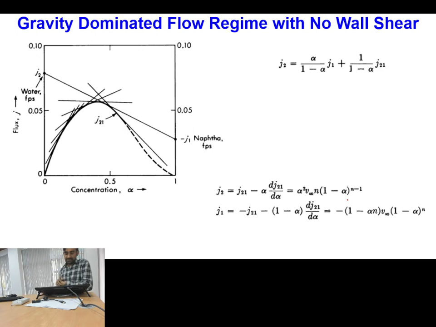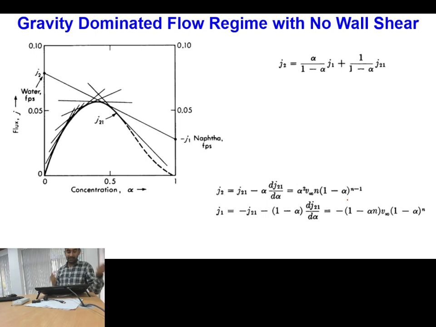Now comes the question of how to determine the flooding limit for a system, because by knowing the flooding limit we can construct the system characteristics. There are two methods, one graphical and the other analytical. The analytical method I will not discuss; final equations are given over here.